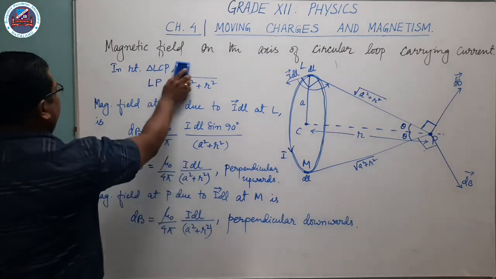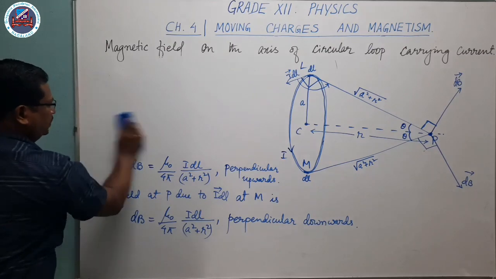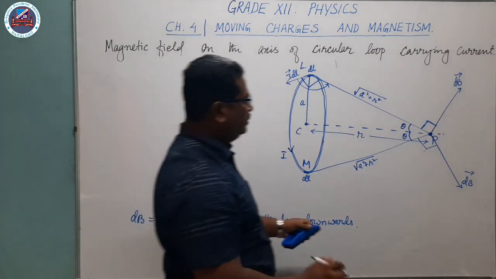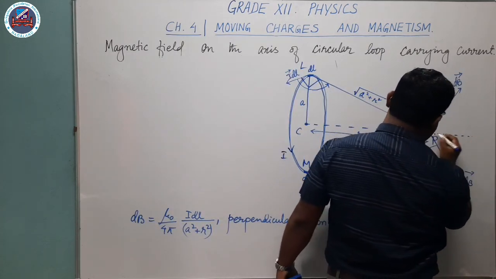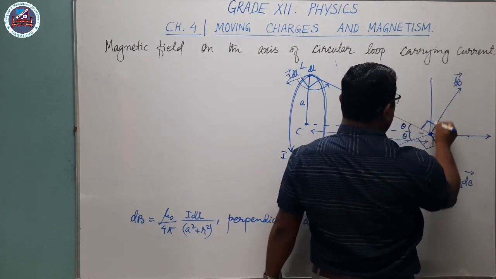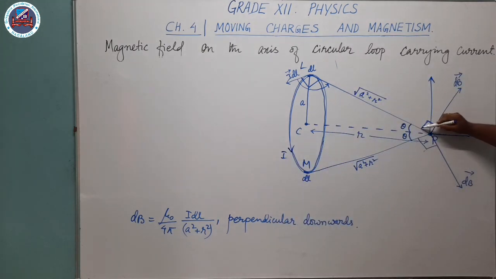Now we'll resolve it. Resolving this dB into its components, one line we will take along the x-axis, one along the y-axis. So this is 90 degree. Again, here you can see this is perpendicular. This is a horizontal line, this is a vertical line.